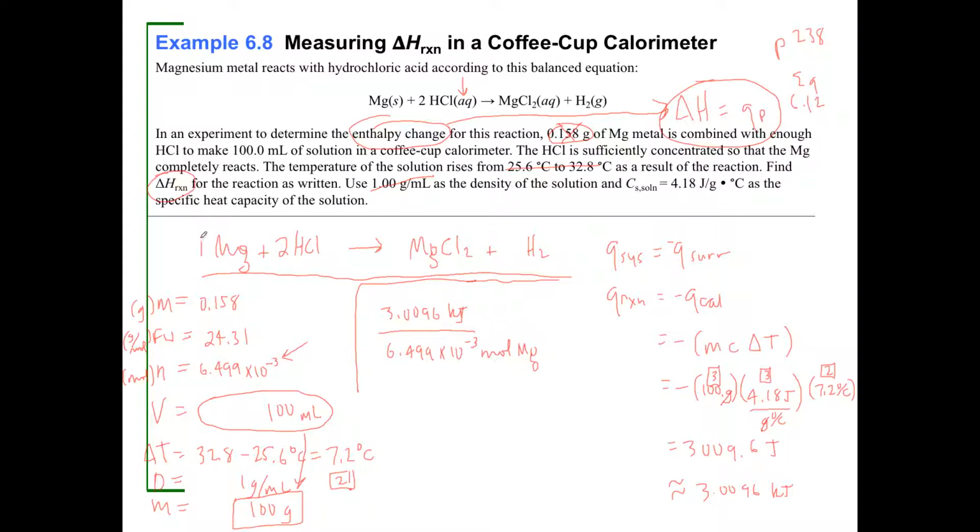Can you see that there's 1 mole of magnesium per mole of reaction? So this ends up being mole per mole of reaction, same thing because it's 1 to 1. I'm going to do that now, divided by 6.499 E minus 3.